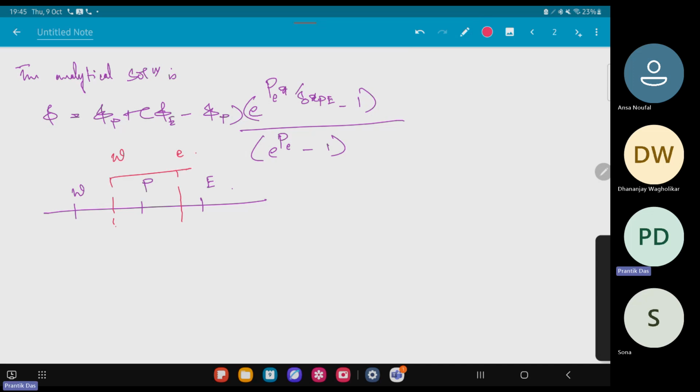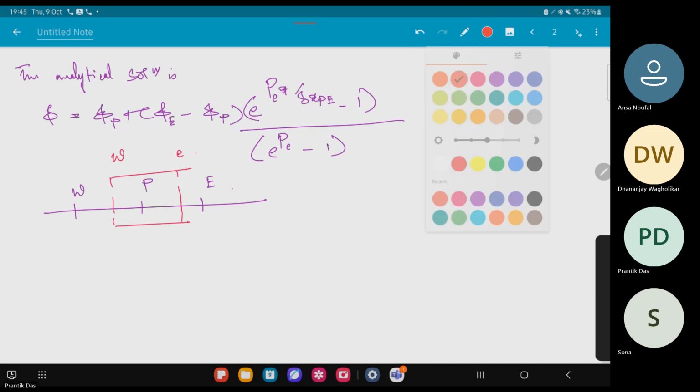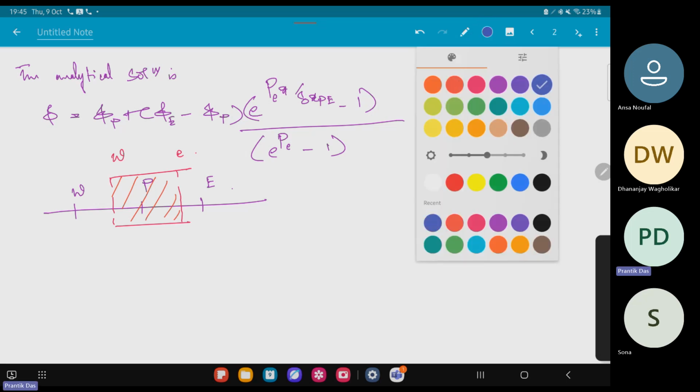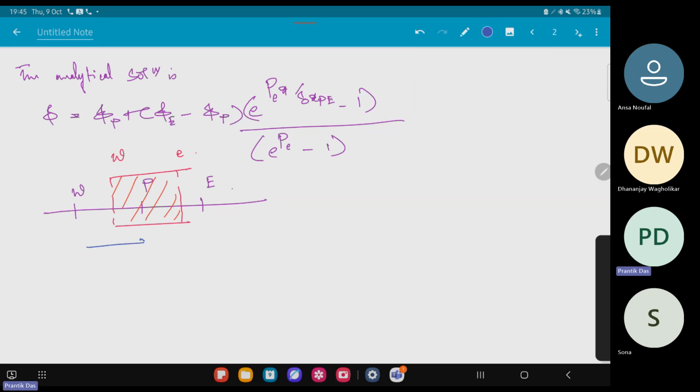We are considering a control volume like this, and this is delta x WP, and this is delta x PE, which we have already written here. Delta x WP and delta x PE are the same, since we are considering a uniform grid.